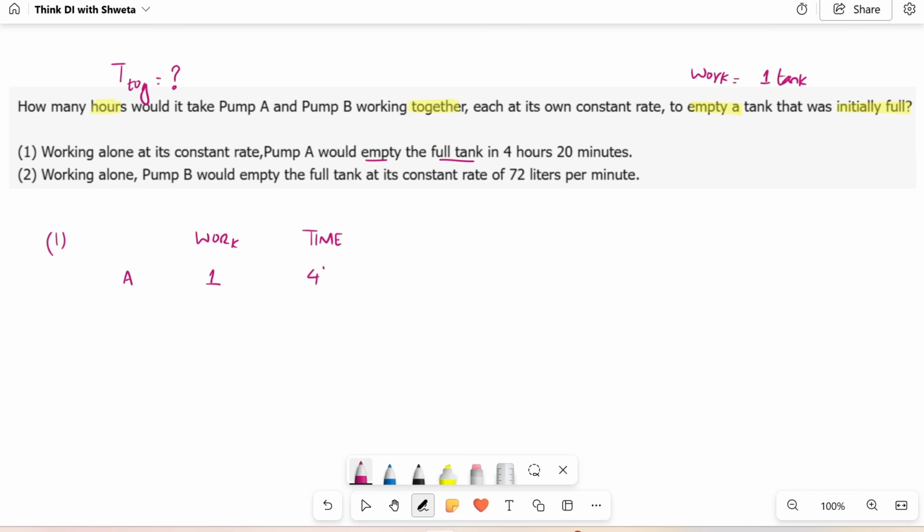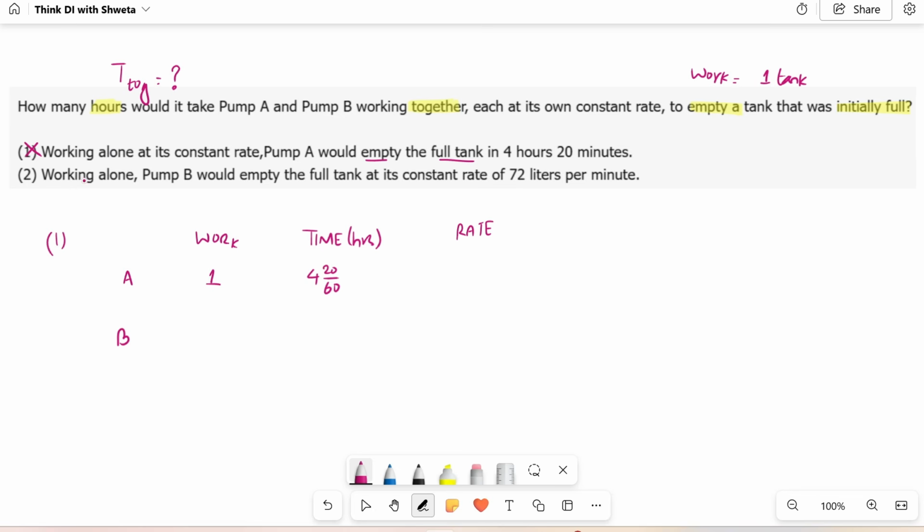So 4, and let me write it as a mixed fraction like this. These many hours A would take. So I can get the rate at which pump A works. I can do work upon time. I can find this. Now, I don't know anything about B. So it's very obvious statement 1 alone is not sufficient. And as you saw in my initial data, nobody fell for this.